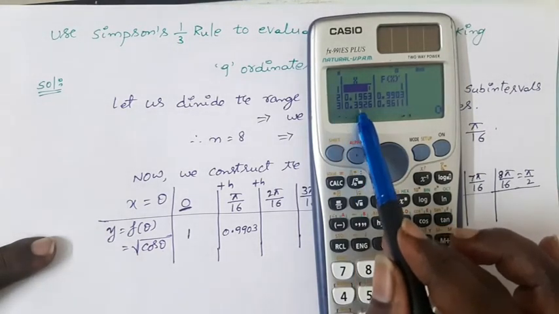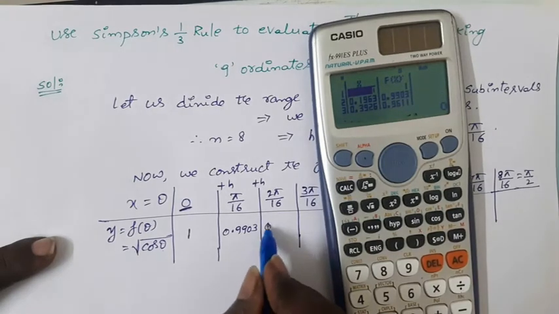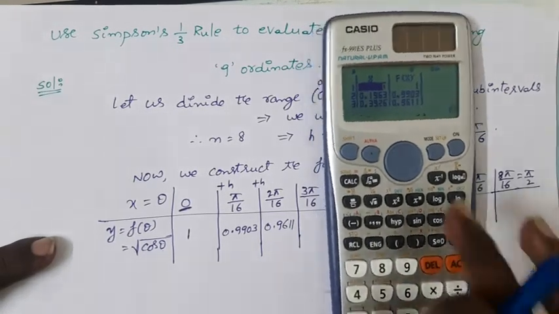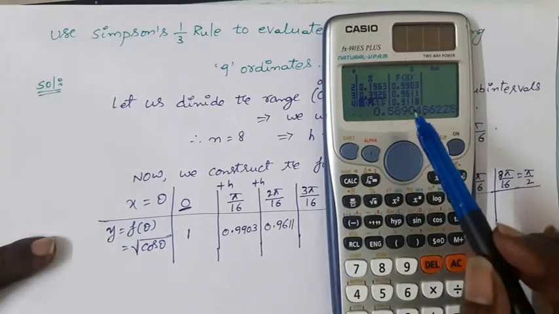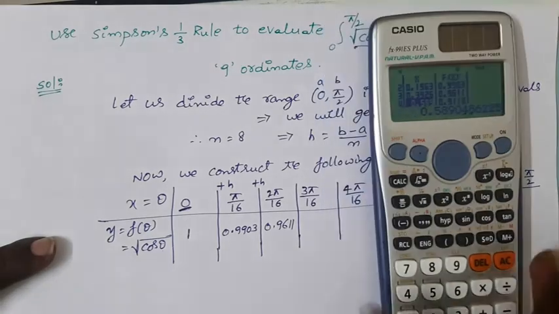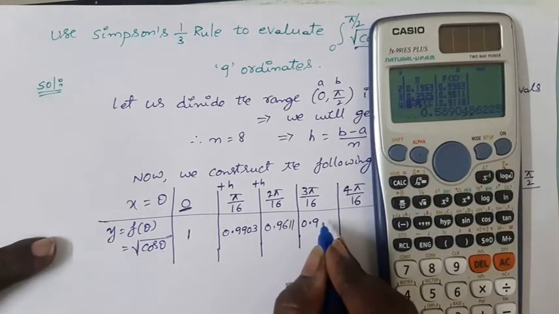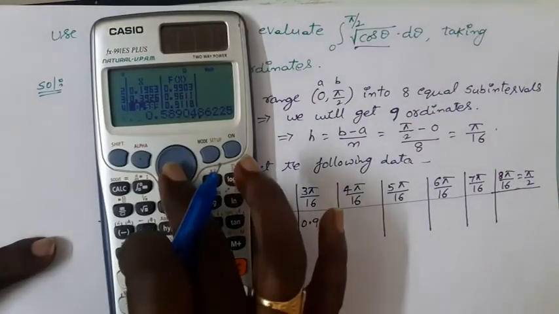This is the serial number, this is the x values, and these are the functional values. Please scroll down. The fourth value is 0.9118. Scroll down again.